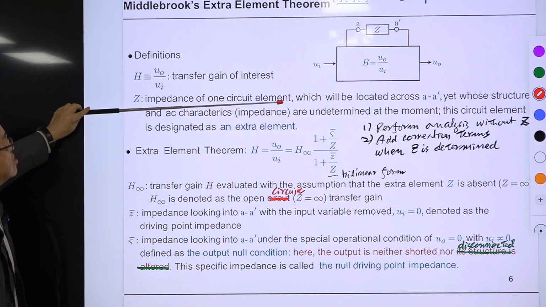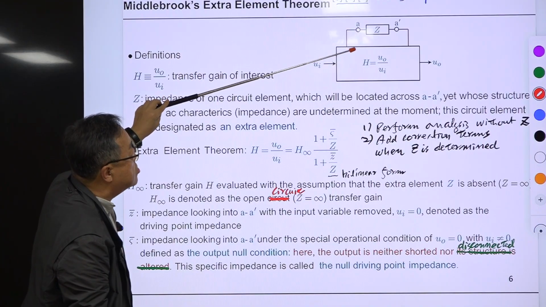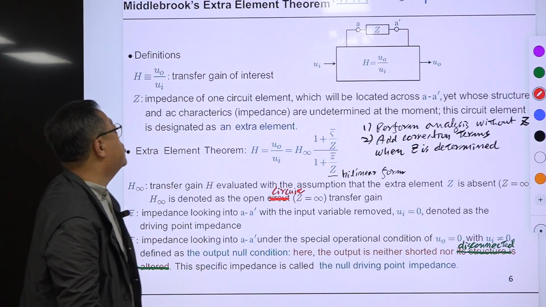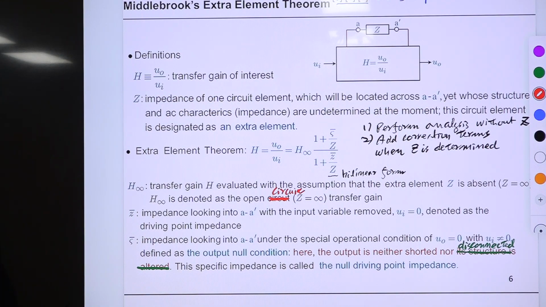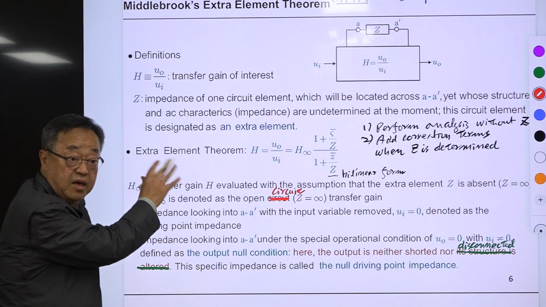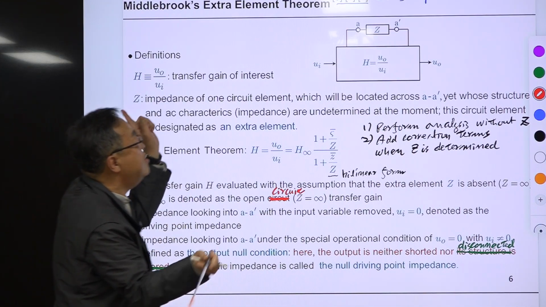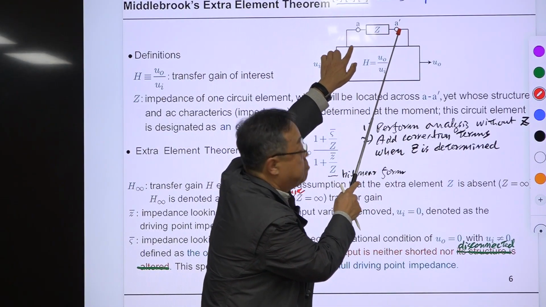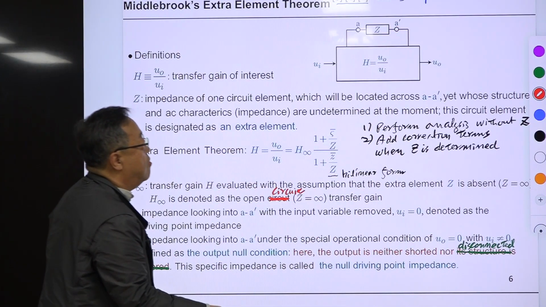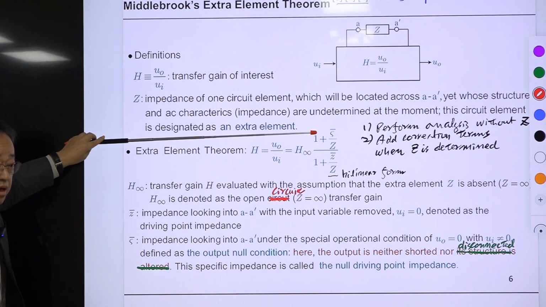So this is the impedance of the circuit element component which will be located across this, yet whose structure and AC impedance characteristics are undetermined at this moment. Later it will be known and it will be placed exactly at this port. So this circuit element is designated as an extra element.